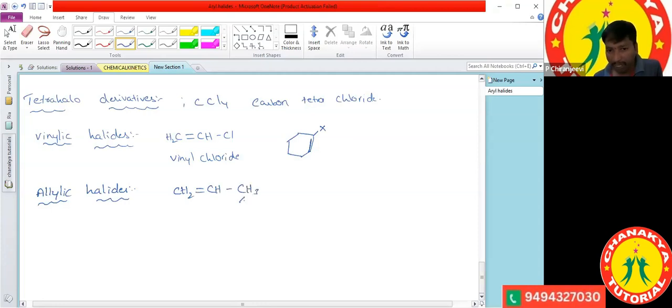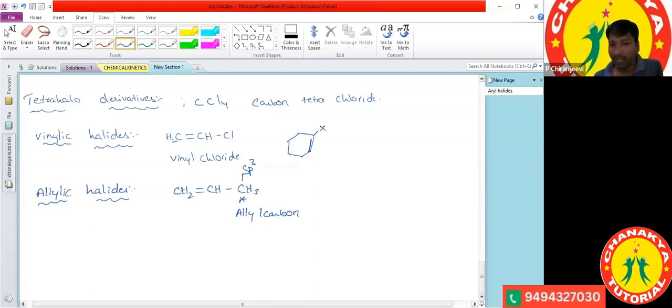So this carbon is called an allyl carbon. The carbon next to the double bond, if it is an sp3 hybridized carbon, we can call it an allyl carbon.